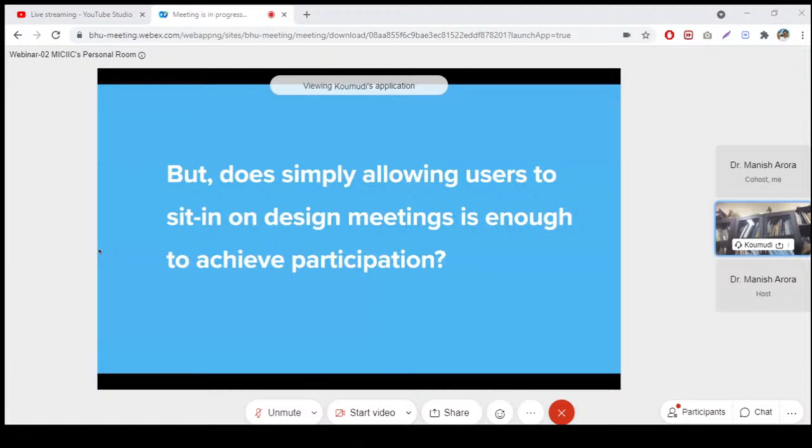For example, sometimes managers become a part of the user group, but then they may only be administrators. The workers who actually use the design or the technology directly may not be allowed access to such meetings.